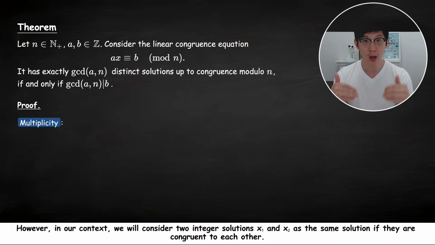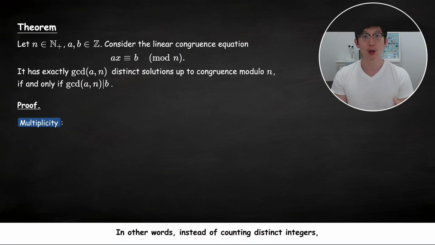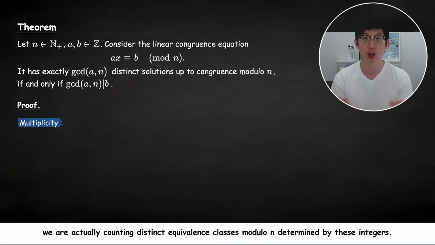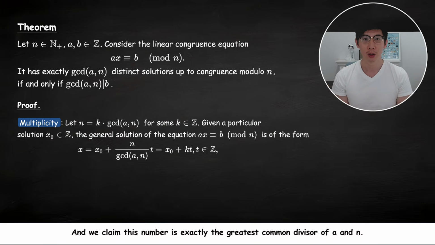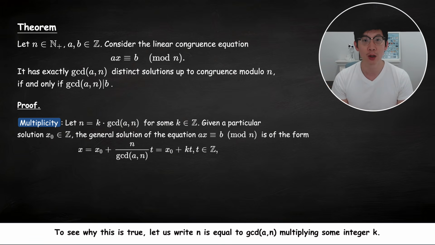However, in our context, we will consider two integer solutions, x1 and x2, as the same solution if they are congruent to each other. In other words, instead of counting distinct integers, we are counting distinct equivalence classes modulo n determined by these integers. And we claim this number is exactly the greatest common divisor of a and n. To see why this is true, let us write n = gcd(a, n) multiplied by some integer k.